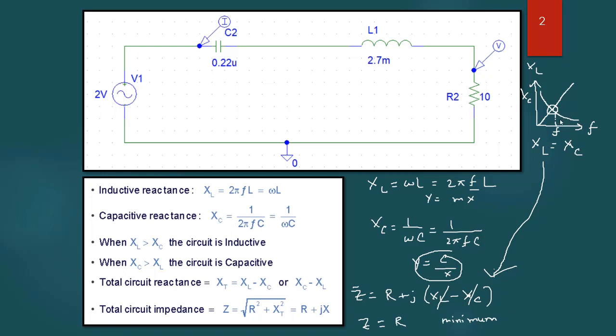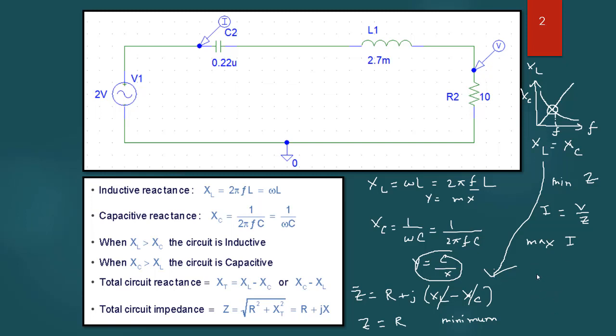For this specific frequency, we have yielded a minimum Z. We already know that the current through this series circuit, I, will simply be the supply voltage divided by its total impedance. For the minimum Z, we will get a maximum current. So at the specific frequency when XL is equal to XC, Z will be minimum and eventually I will be maximum.